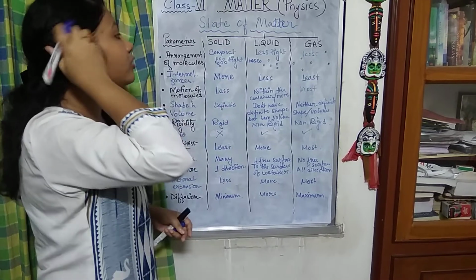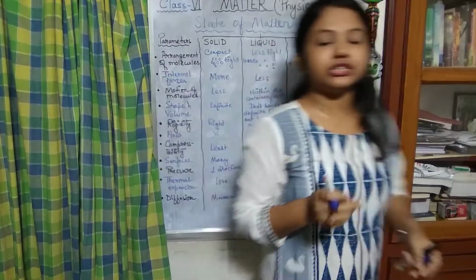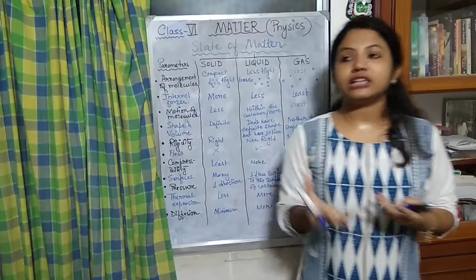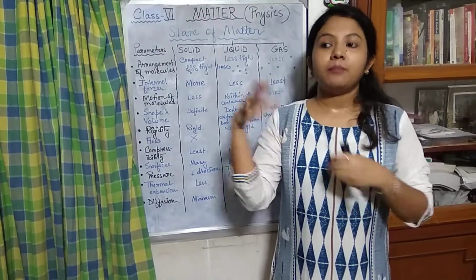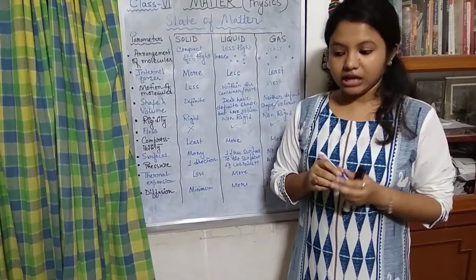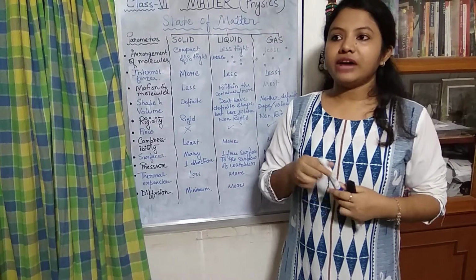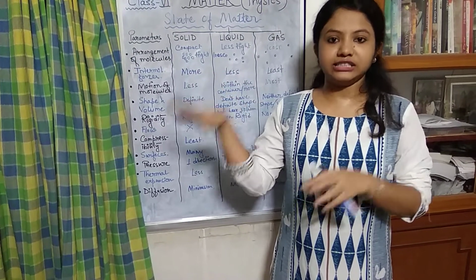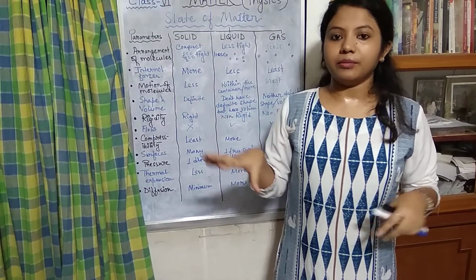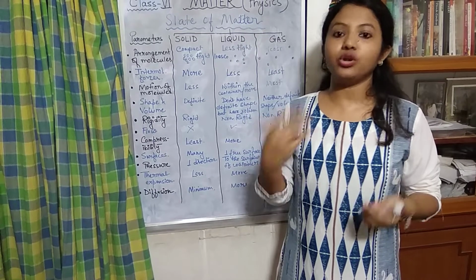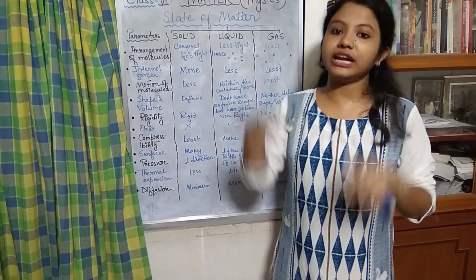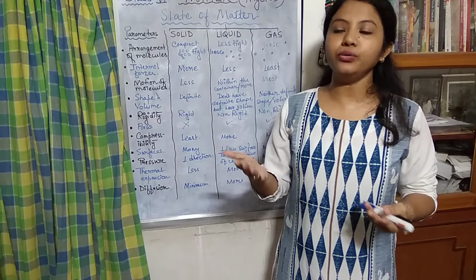If we are talking about liquid and diffusion, I can give you another example of a pond. We have seen a pond filled with water, and during summer, if you notice, the level of the water gets reduced naturally. How?